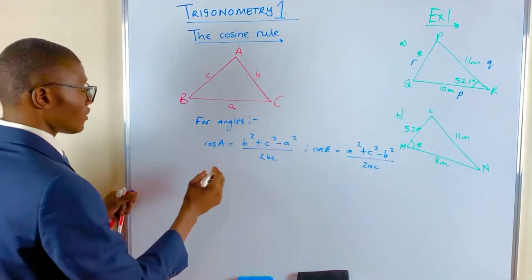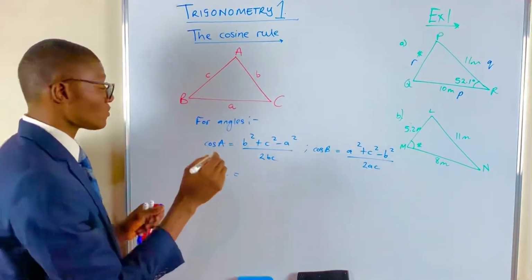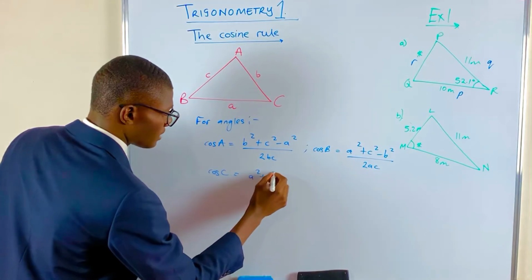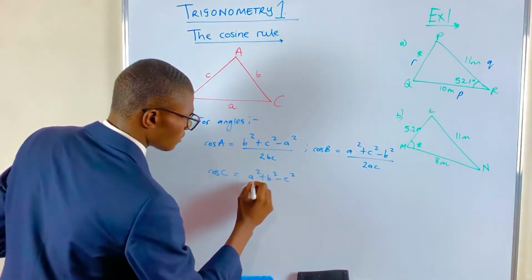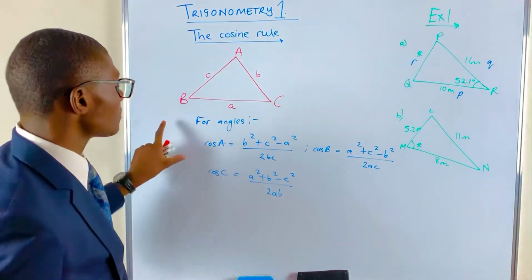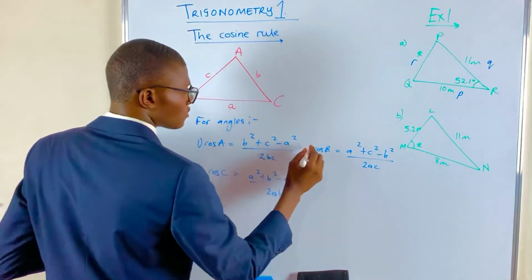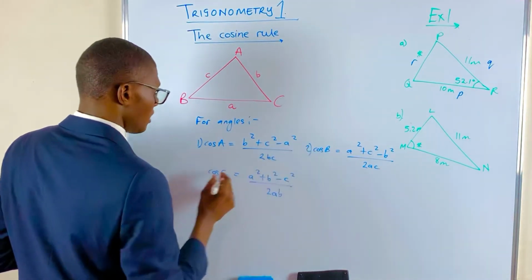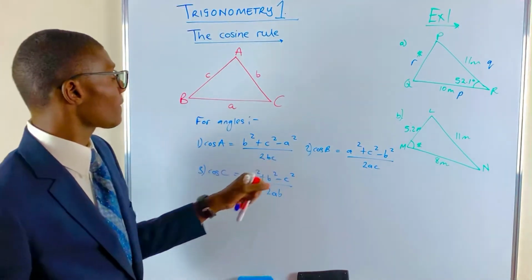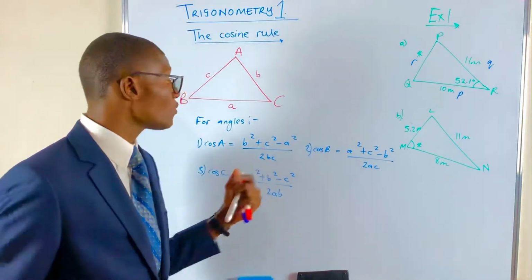And cos C, if we want to calculate the angle C, is equal to a squared plus b squared minus c squared over 2ab. So let me say this is 1, this is 2, and that is 3. This is what we use when you want to calculate an angle given all three sides.